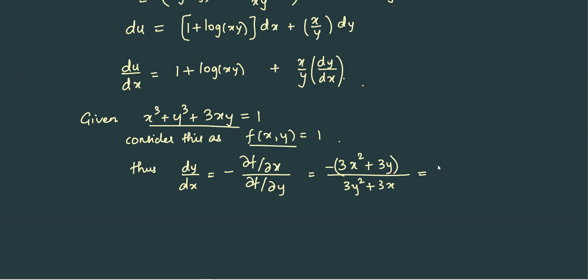So 3 cancels. We have minus of (x square plus y) by (y square plus x).